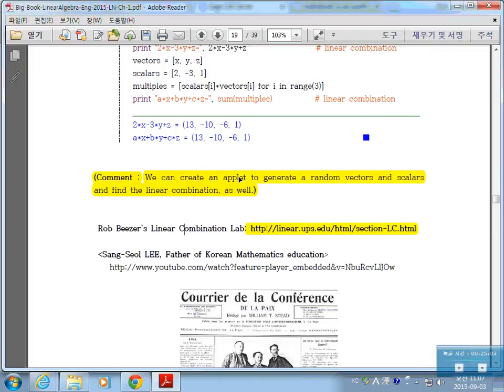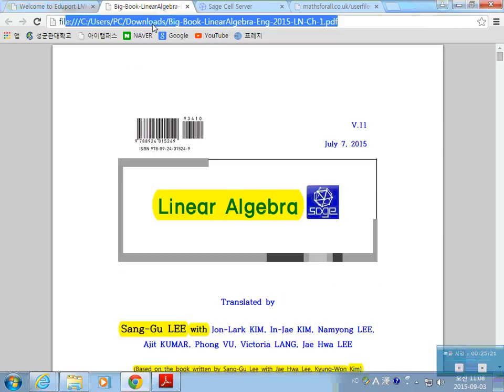We can create an applet to generate random vectors and scalars and find the linear combination as well. I may show you one. This is a website made by one of my friends in Washington State.